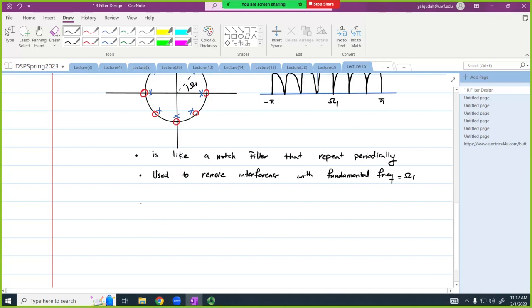Now for this comb filter, we have N zeros on the unit circle at frequency omega equal to 2 pi multiplied by k divided by N, where k is equal to 0 all the way to N minus 1.